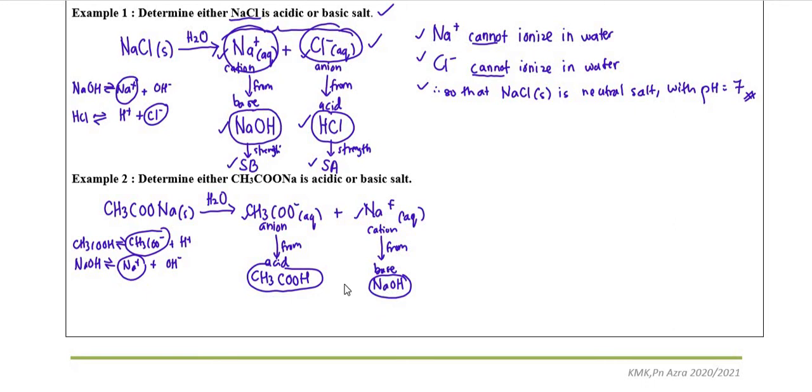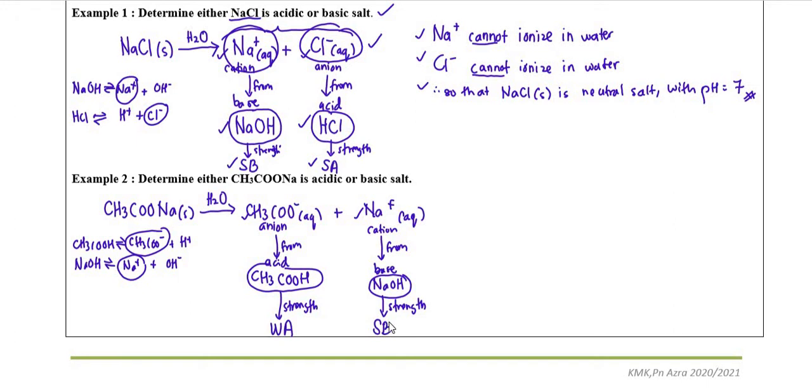After you choose the suitable acid and base, so you have to classify the strength of acid and base. Okay, CH3COOH is organic acid. All the organic acid is a weak acid. Weak acid. This is metal hydroxide. All the metal hydroxide is strong base.